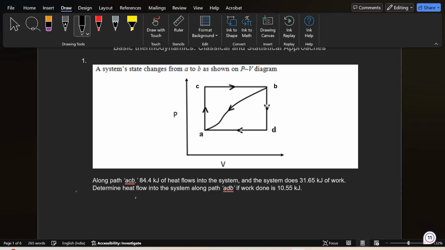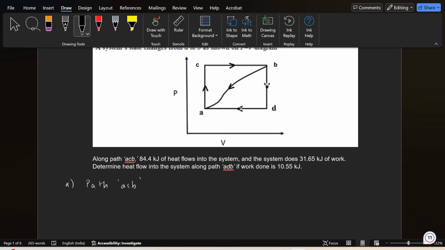Now in path ACB, the heat flow into the system is a positive quantity, 84.4 kilojoules. And then the work done, the system does work.